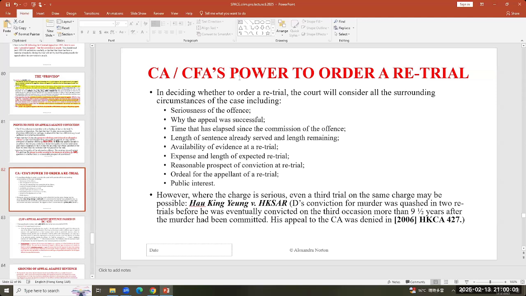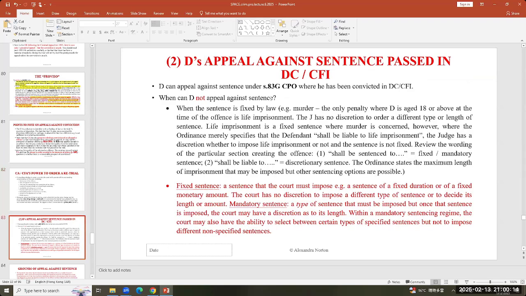There may be insufficient evidence, or maybe it's not even in the public interest to prosecute anymore. But the more serious the offense, the more likely it is that a retrial would be ordered, like Nancy Kissel, for example. The defendant can appeal his sentence under Section 83G unless the sentence is fixed by law.